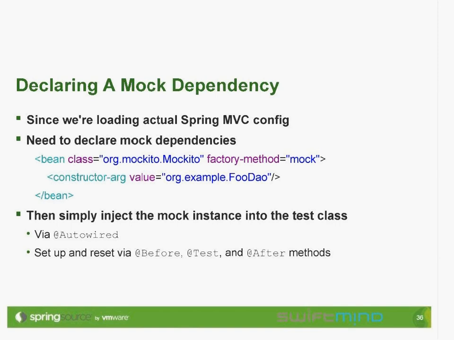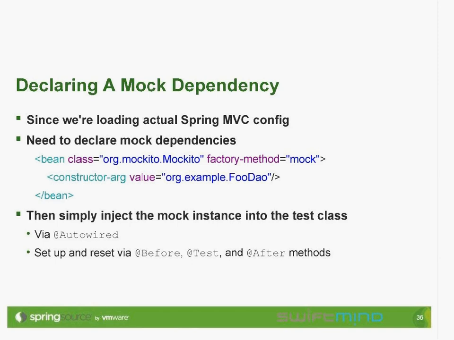And that now can be injected into a Spring MVC controller. And of course, you'll want to replace the part of your configuration which loads the business services or the database services with these dependencies, so that those are the dependencies you're going to get during test time.